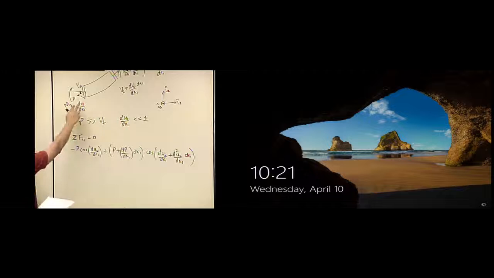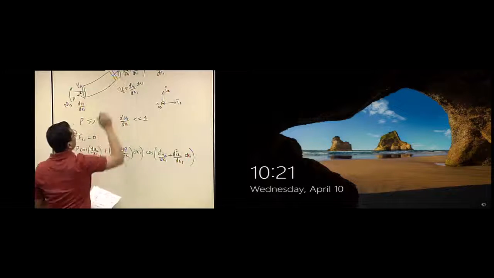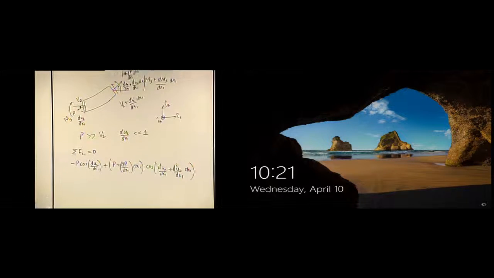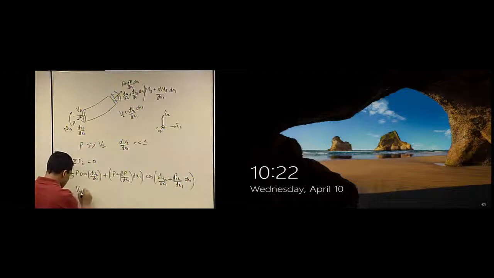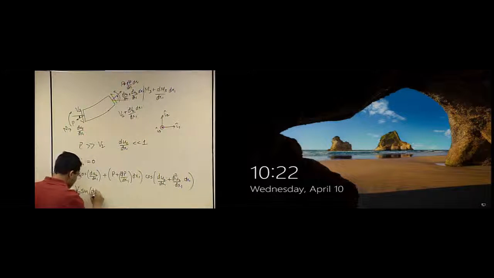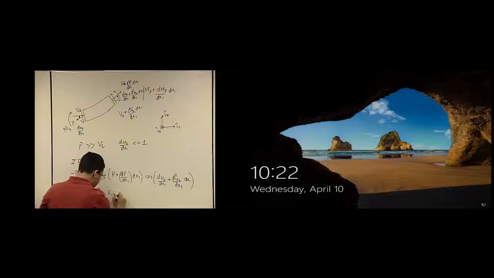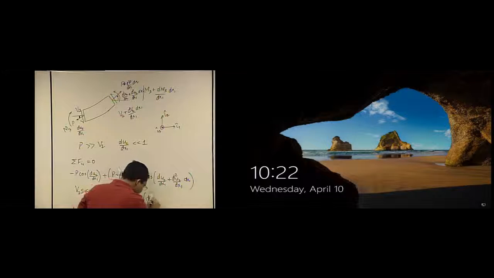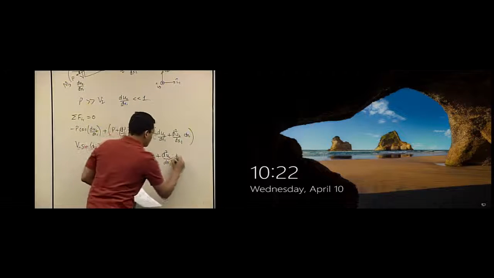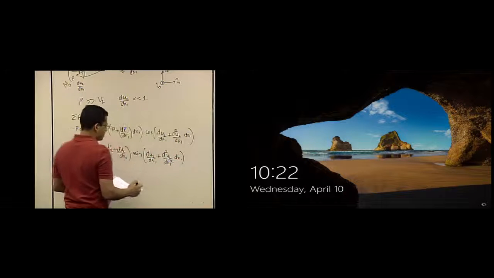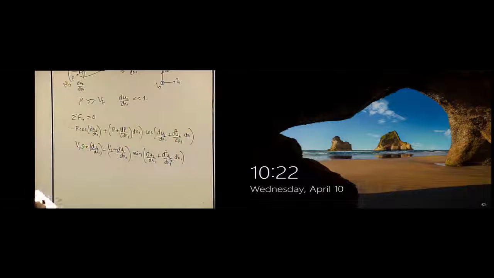And then I have components of these shear forces along I1. So I will get v2 sine du2 over dx1 minus v2 plus dv2 over dx1 dx1, its component sine of du2 over dx1 plus second order derivative of u2 with respect to x1 dx1, right?